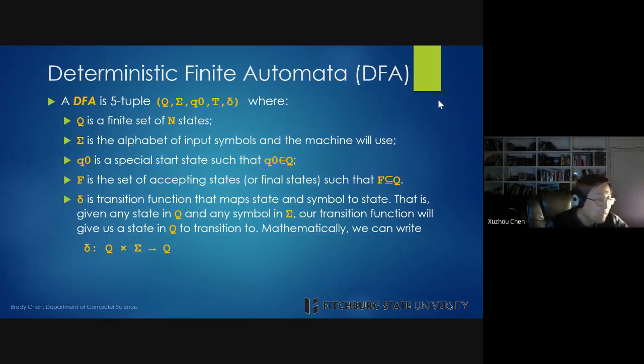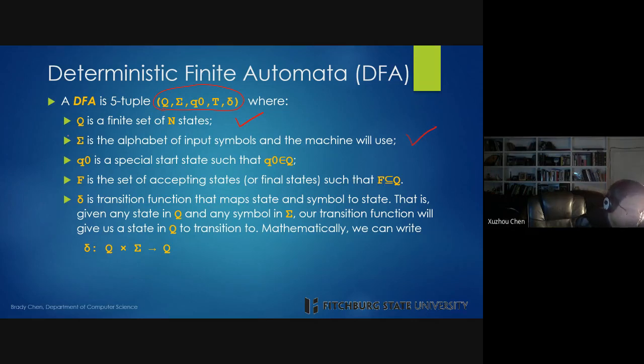So for a DFA, it contains 5 elements, just like any finite automata. Q is the finite set of n states. This is the same as a general finite automata, and also true for the deterministic. Sigma is the alphabet of input symbols that the machine will use.